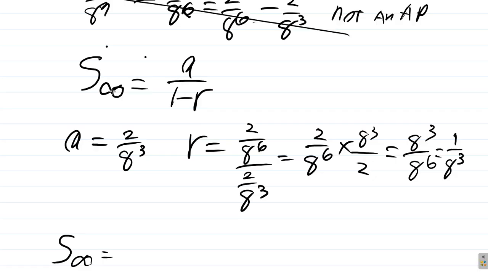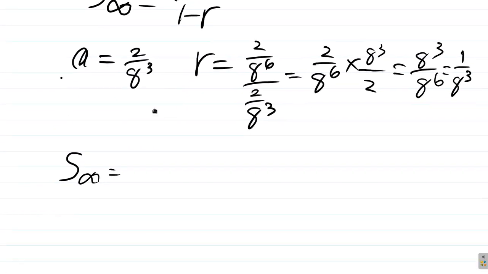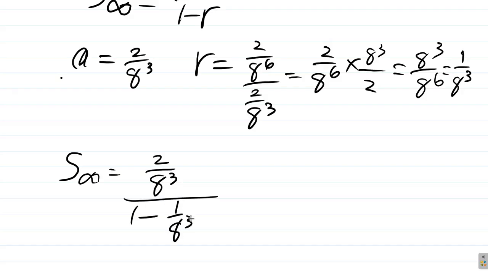For Sn it would be that long drawn out formula, which is more complicated and harder to remember. But the sum to infinity equals a over 1 minus r. So this sum to infinity would be a, which is 2 divided by 8 to the 3, over 1 minus r, where r is 1 over 8 to the 3.